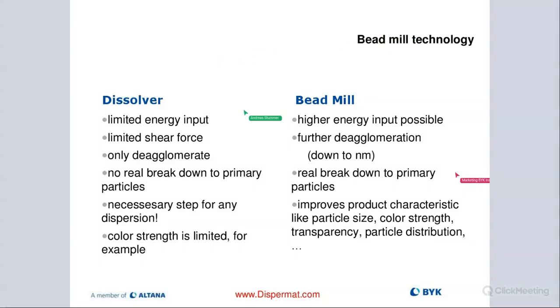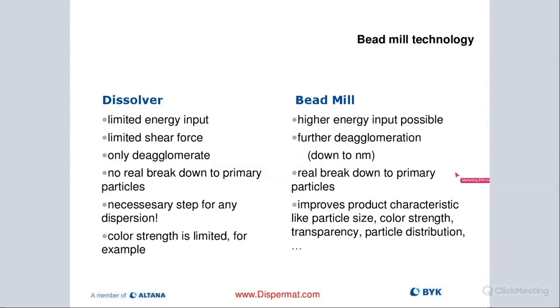So it's critical to distinguish between the two different processes. When we use a dissolver with a Cowles blade, we're only able to put in a limited amount of energy. That's just because we're only working with the blade. We don't have any media, no beads. That means our shear forces are going to be somewhat limited, and we are really only deagglomerating our larger particle clusters.